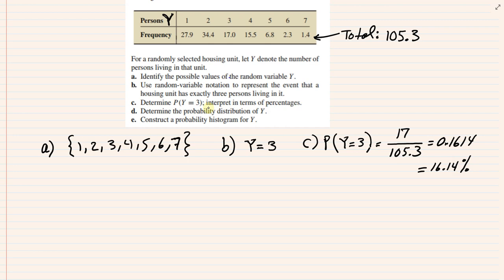Okay, and in part D it reads determine the probability distribution of Y. I'll do this in StatCrunch just so it looks nice, and construct a probability histogram. So first we want the probability distribution. Remember, that means we want X and probability of X, right? We have 1, 2, all the way to 7.